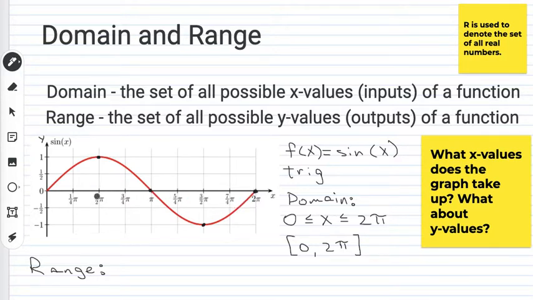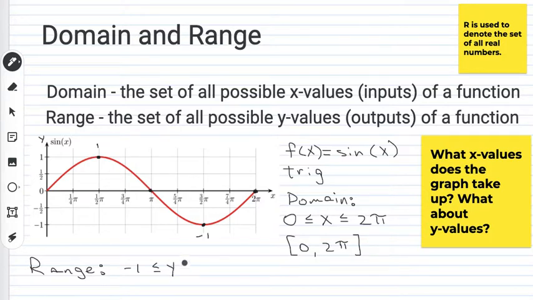So the function is essentially going between 1 and -1. The lowest that the function ever goes is -1, but the highest that the function ever goes is +1. So the range is going to be from -1 to +1.